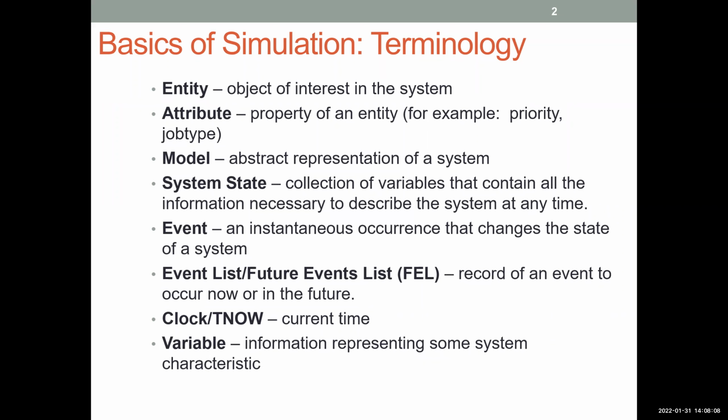So we're going to be defining some attributes today. For example, part type. Let's say we have 2 or 3 different part types in our manufacturing process. Let's say part 1 and part 2, and we want to assign that attribute to these entities. I'm going to mark this entity as part type 1, and I'm going to mark this entity as part type 2. Then that attribute is not going to change.